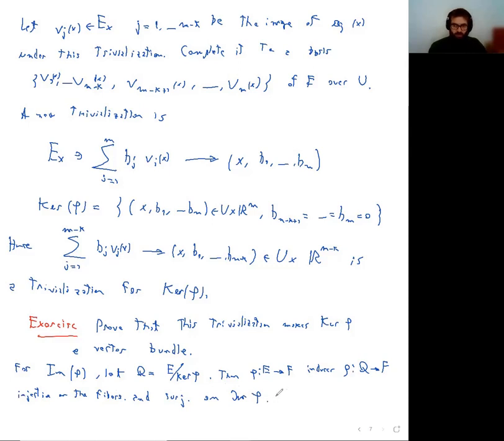And if you remember when we defined what a subvector bundle is, we asked that it is the image of a vector bundle under an injective map. But now we know that Q is a vector bundle and you have the image of Q under an injective map. So the image of phi is a vector bundle.